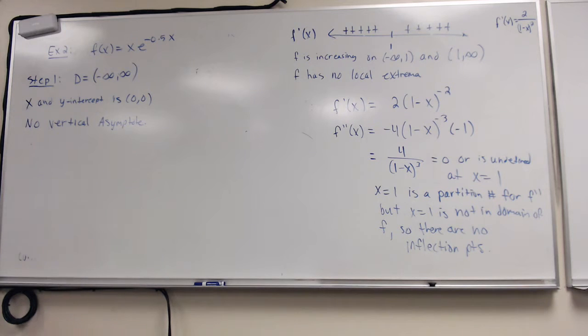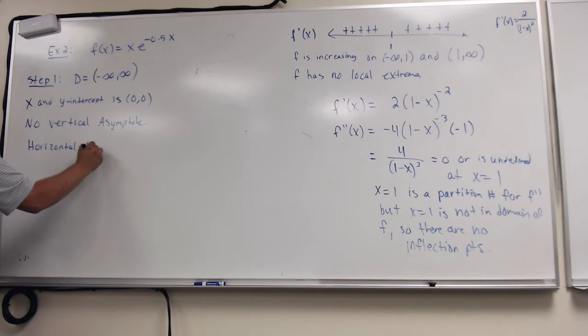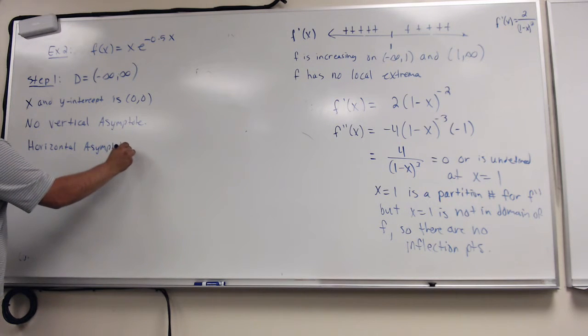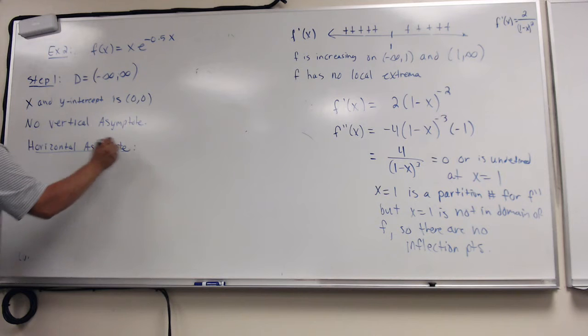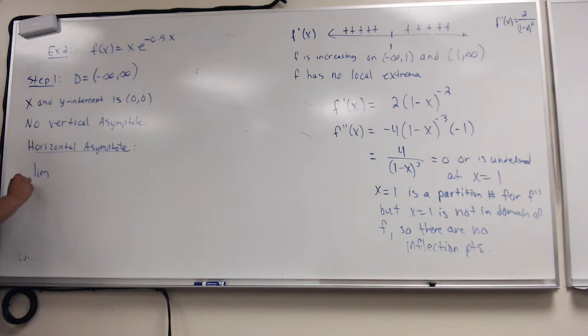Okay. And then let's see here. There will be a horizontal asymptote. And the only way to get it is to analyze these two limits.